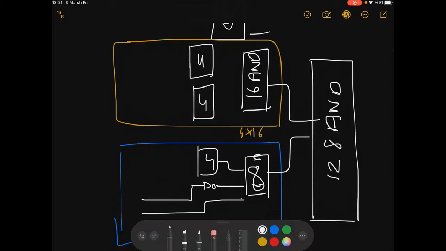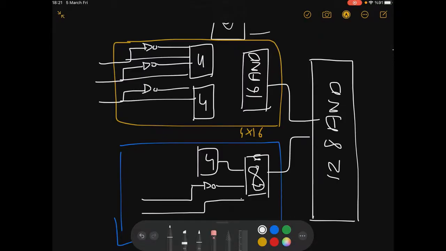And what is in these 4 levels? You will have 2 combinations of inputs here for this one, and it's 2 1 by 2 decoders. You will have another one here for the remaining ones, and they will be ANDed together here, and these will be ANDed together.